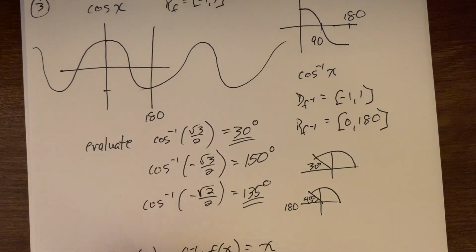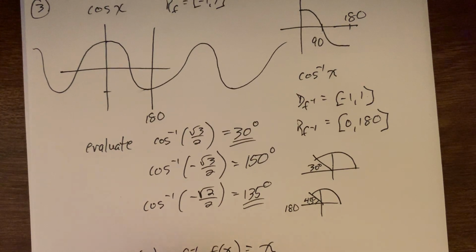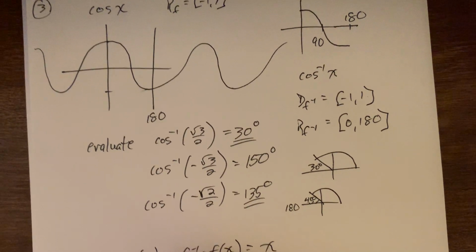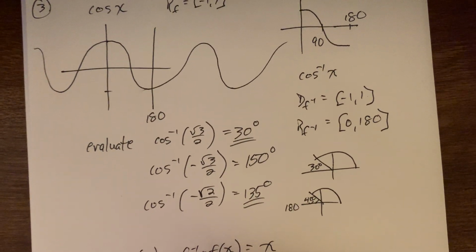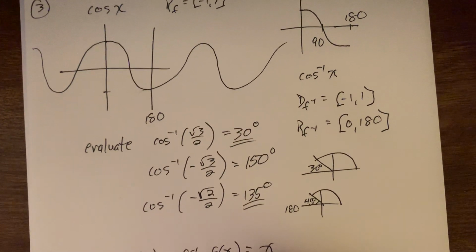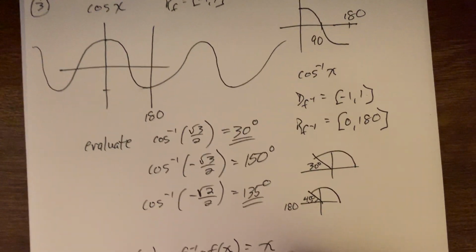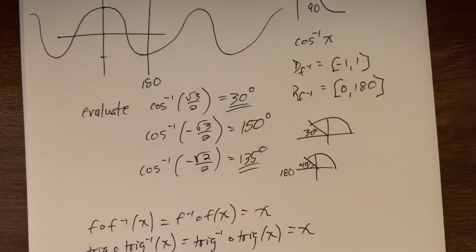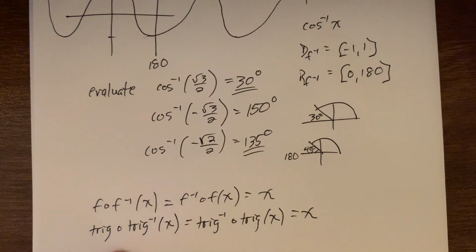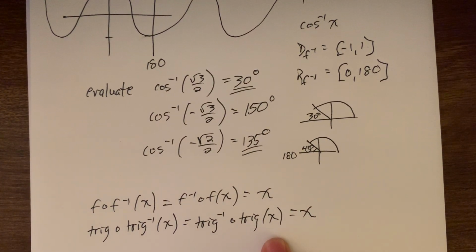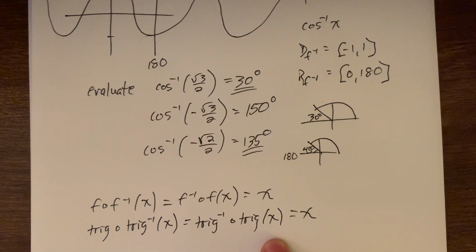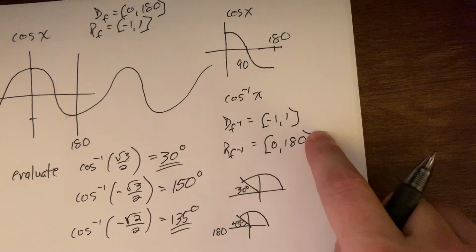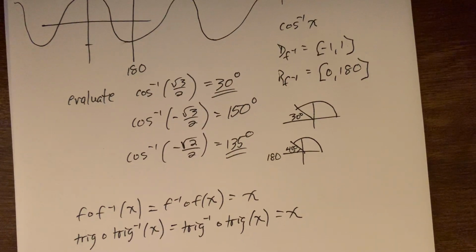So again, generically, that should work: if I compose a trig function with a trig inverse, or the inverse trig with the trig function, that same idea should happen. But this only happens cleanly if your value falls into these correct intervals. So let's do a few of these.